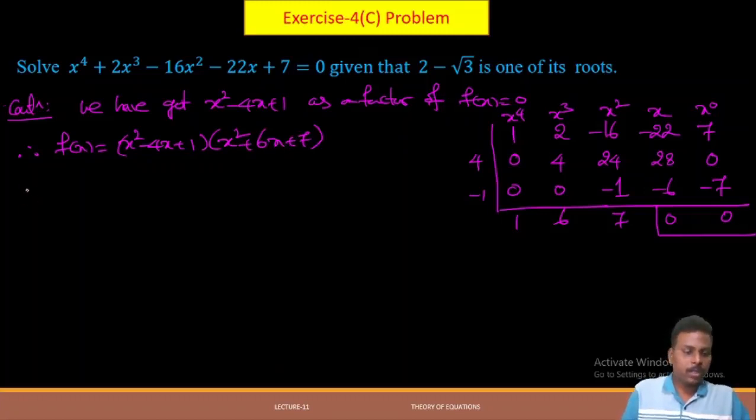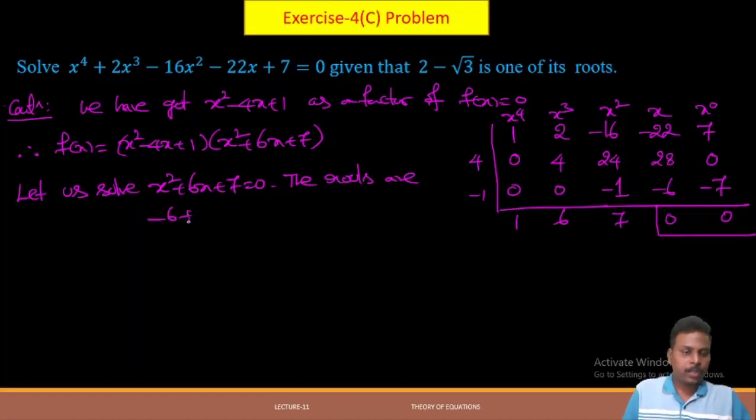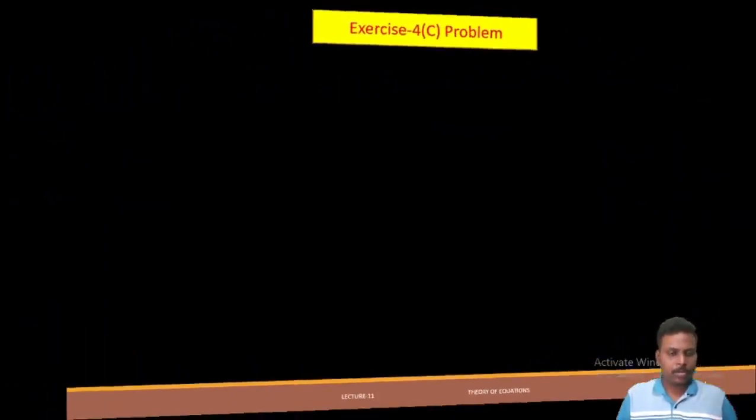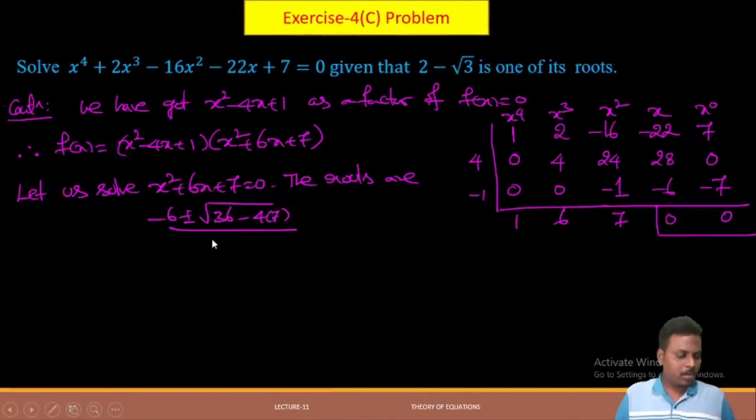Okay, let us solve x square plus 6x plus 7 is equal to 0. The roots are -6 plus or minus under root 36 minus 4 into 7, divided by 2.